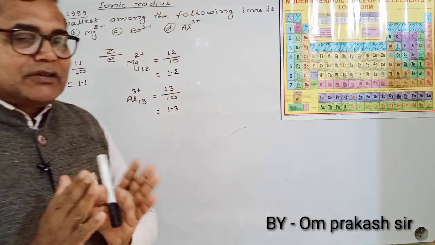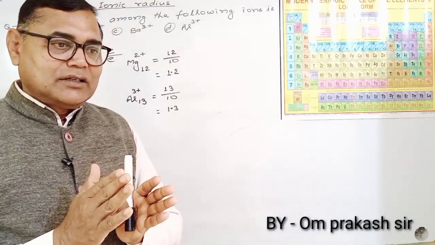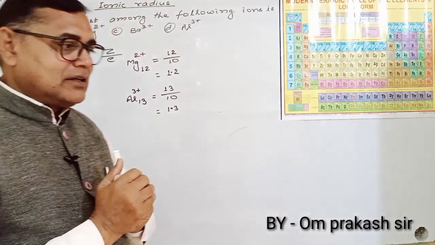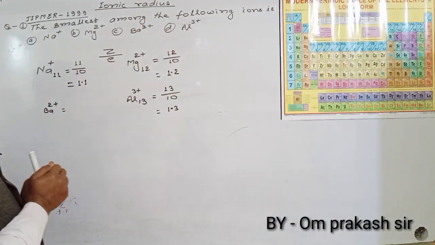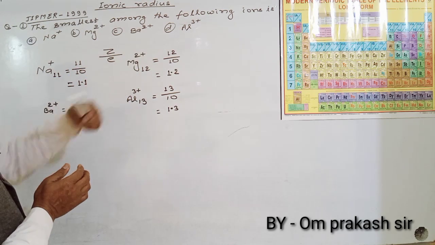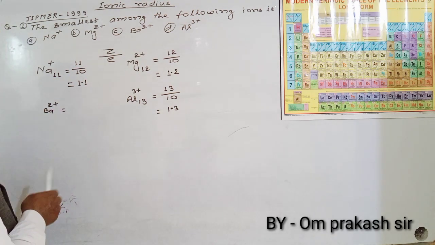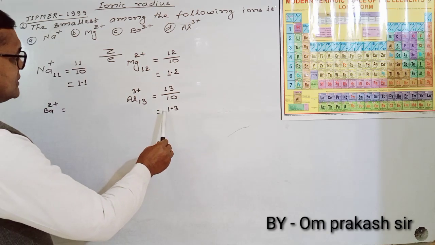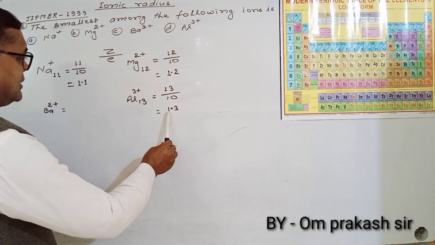The nuclear charge is greater, the size of ion is smaller. In the example, we see per electron nuclear charge of aluminum ion is greater.